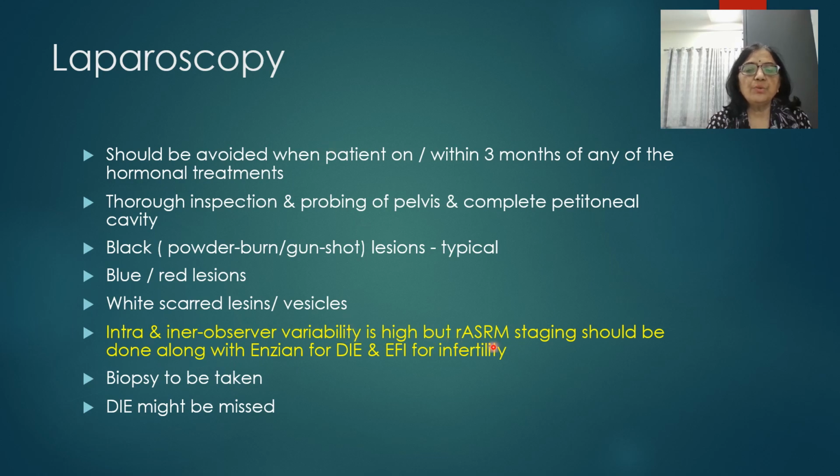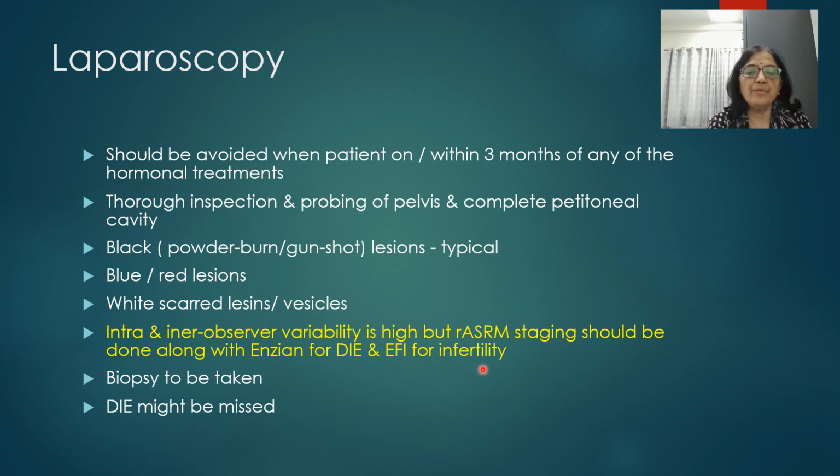But still one should do the RASRM staging. We have already seen this staging in the last class. It should be done along with the Enzian classification if there is a suspicion of deep infiltrating endometriosis, and always one should go ahead with the Endometriosis Fertility Index whenever a patient is keen for conception.